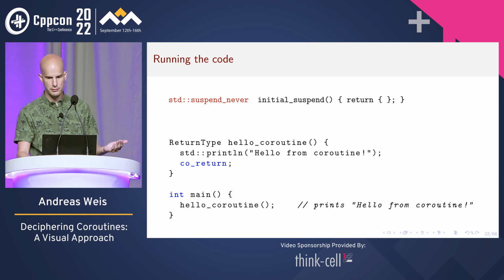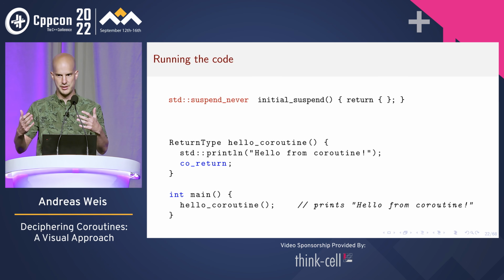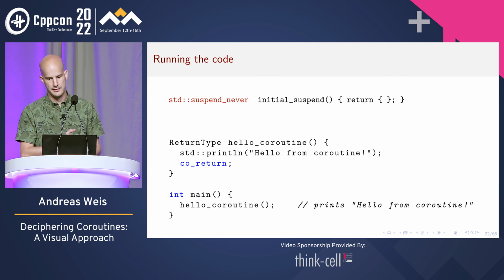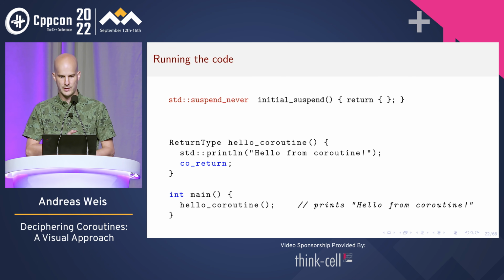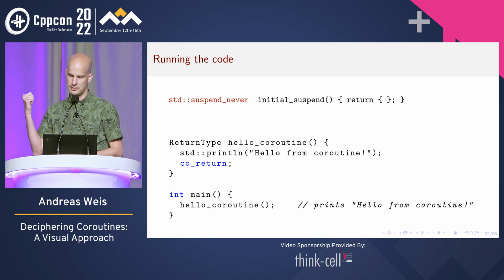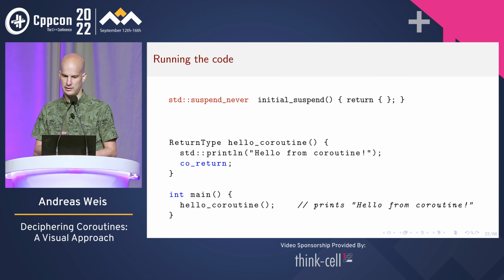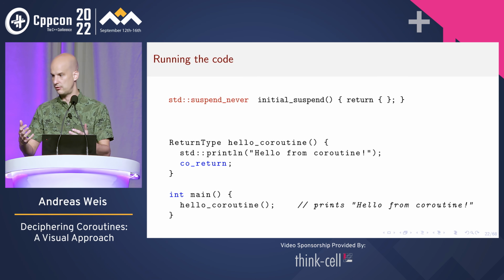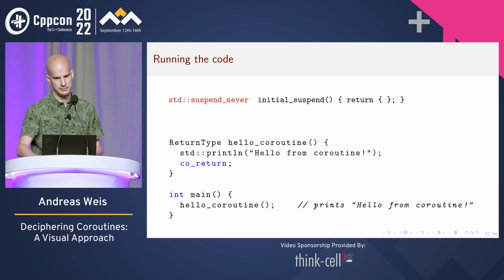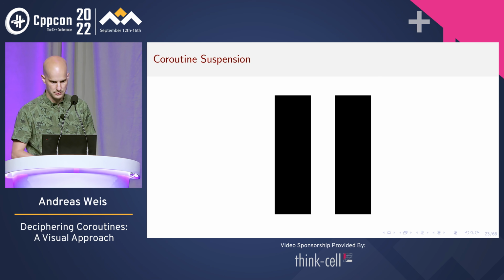Right? So in the suspend_always case, it just stopped executing, it just paused, and since I never resumed it, I also never saw the output on the console. Of course, I was actually leaking the memory for the coroutine here, since I also did not free it. But as I said, it's just slide code.